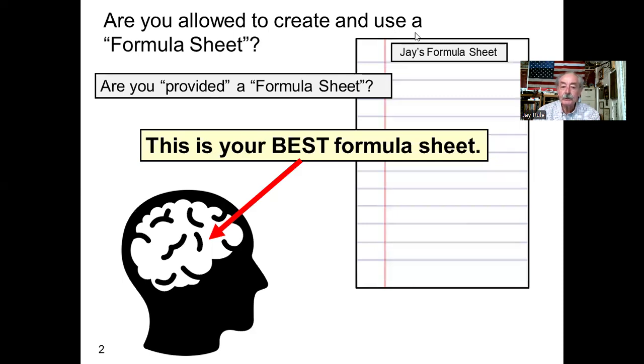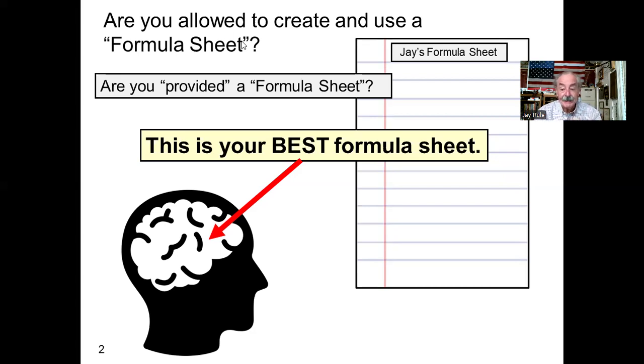Now, depending on your section, there's a number of possibilities here. One is you're allowed to create a formula sheet or sheets. That's okay. You may be provided a formula sheet. It's my hope that you'd be able to see that formula sheet before you walk into the exam. And then there are other sections. For example, if I'm teaching the class, there is no formula sheet.